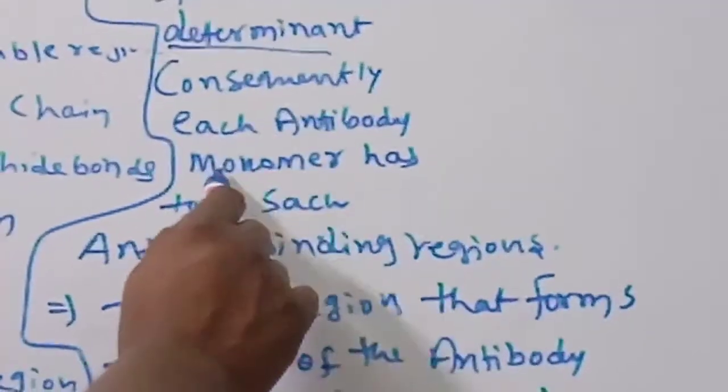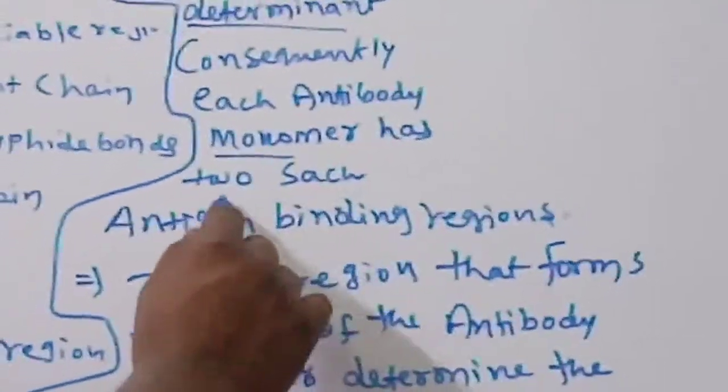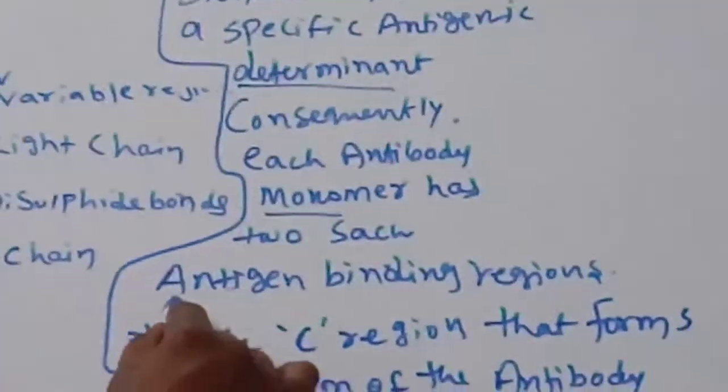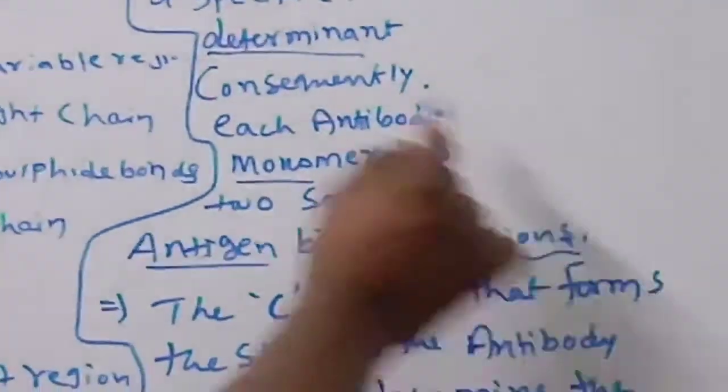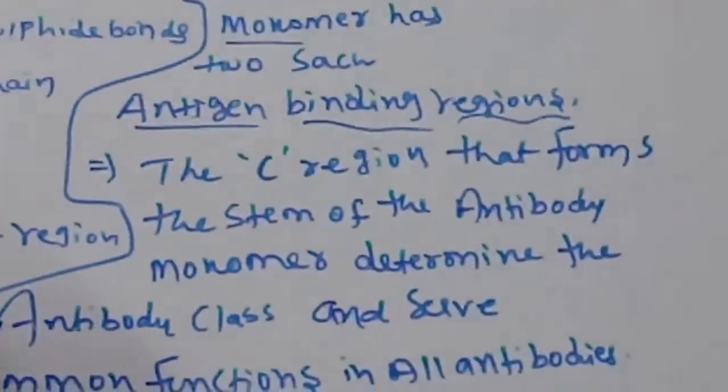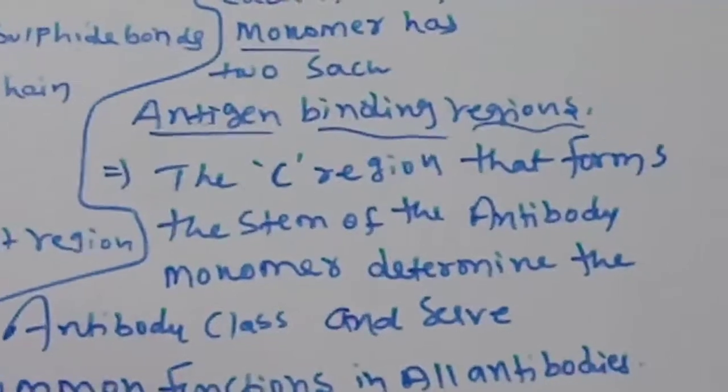Consequently, each antibody monomer has two such antigen binding regions.